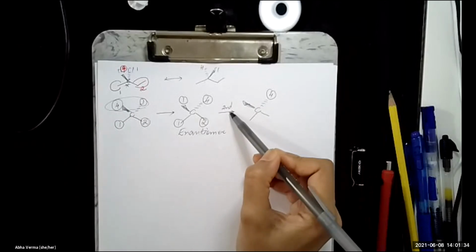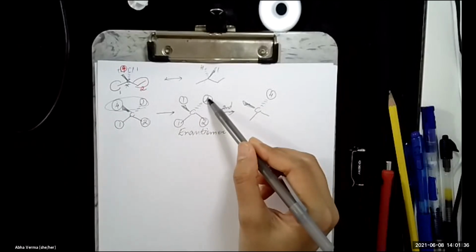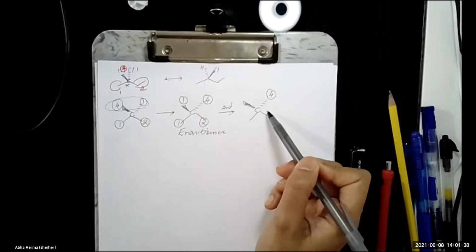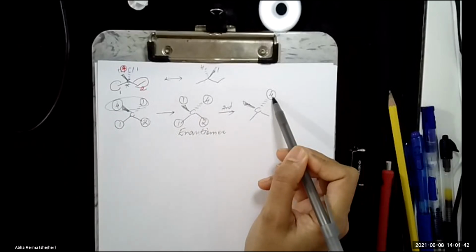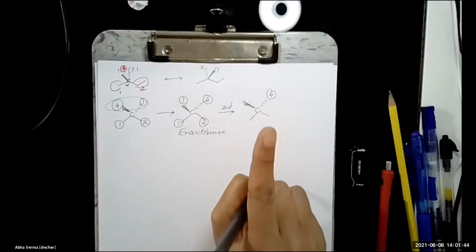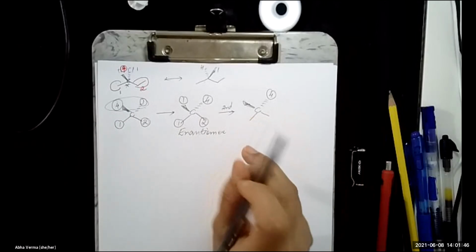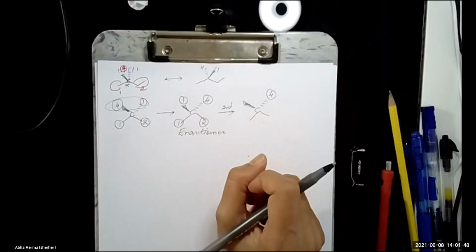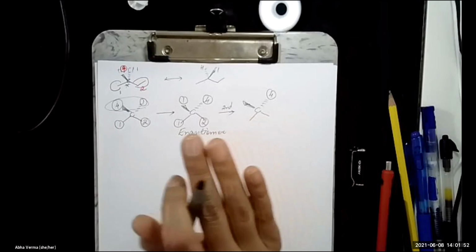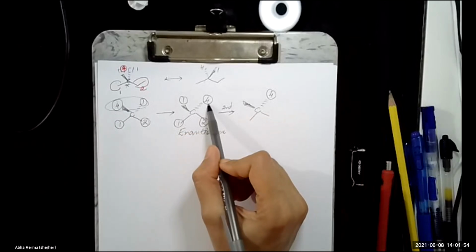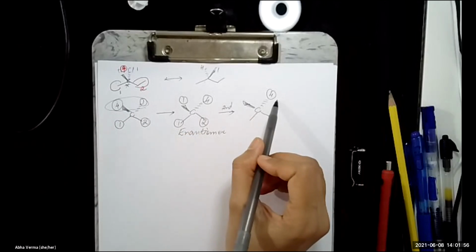Now I want to make a second switch. From this structure, I want to make a new structure where my number 4 is still at the back, but I need to make one more switch between two groups. Please suggest which two groups we should switch. And you can switch any two groups. Remember, we need to keep 4 at the back.